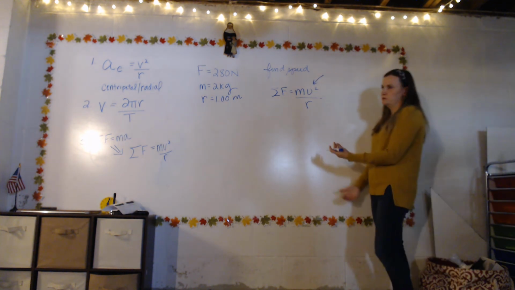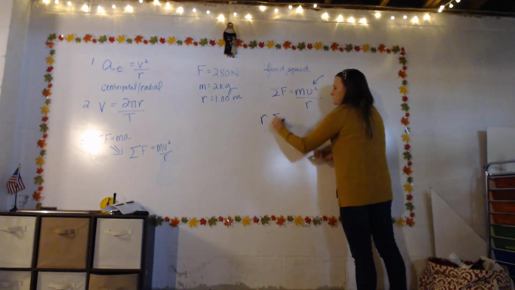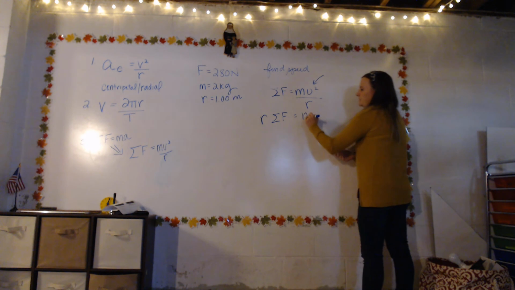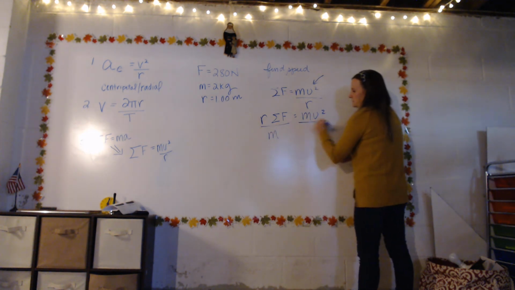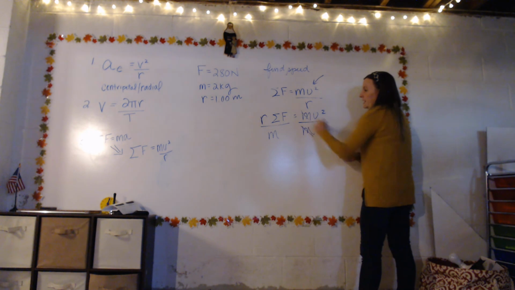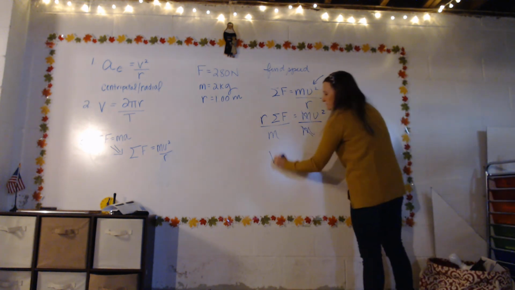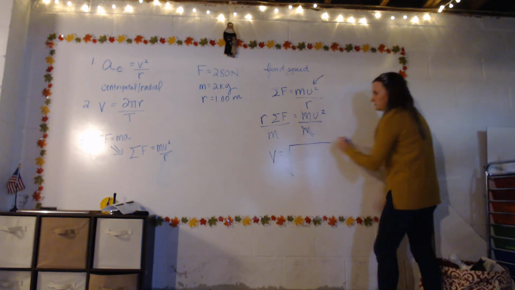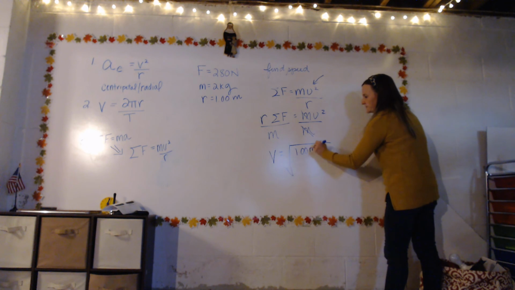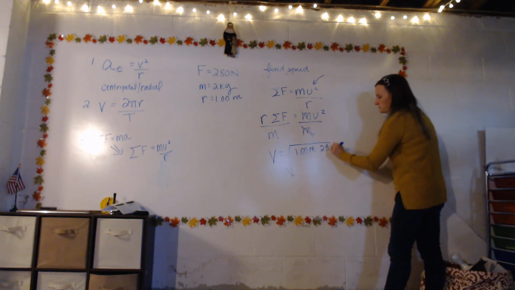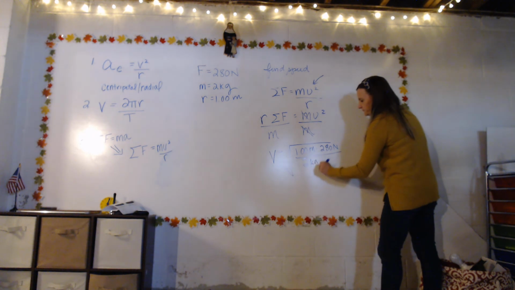So I'm just going to do a little bit of algebra. I'm going to multiply both sides by r. And then I'm going to divide both sides by m. And then to isolate v, I'm going to take the square root of both sides. So we can say v is equal to the square root of the radius, which is 1 meter, times the force, which is 280 newtons, divided by the mass, which is 2 kilograms.